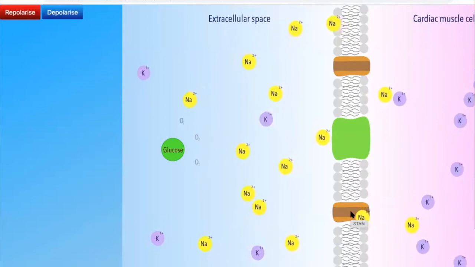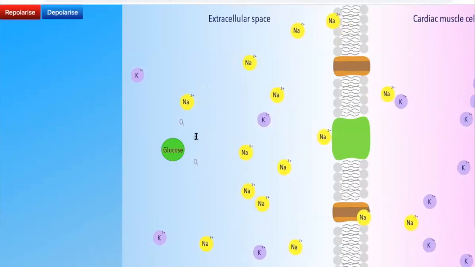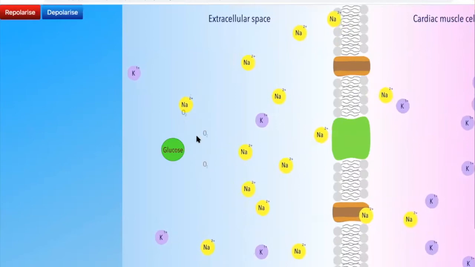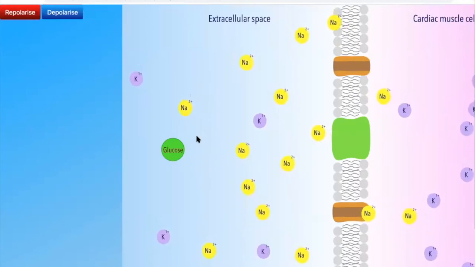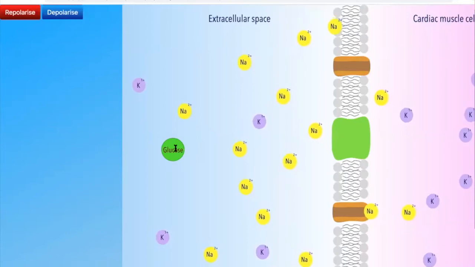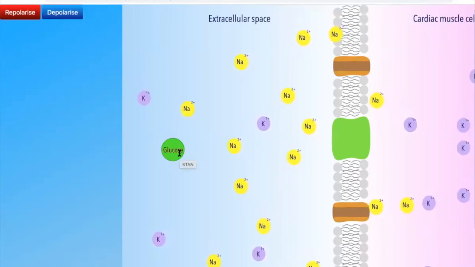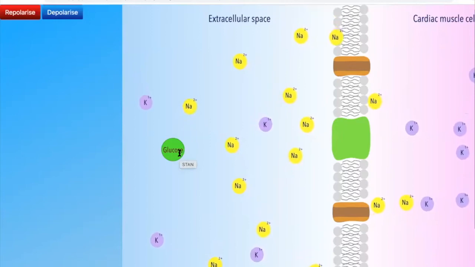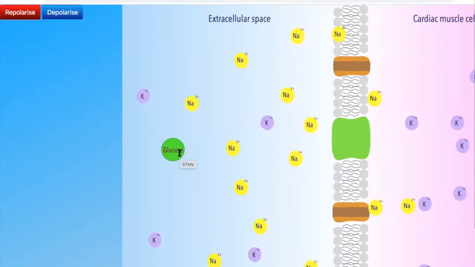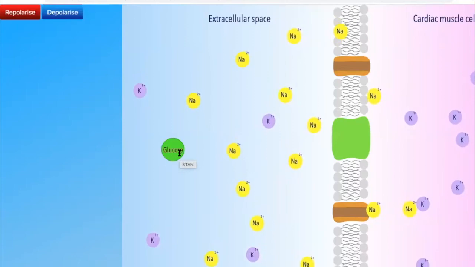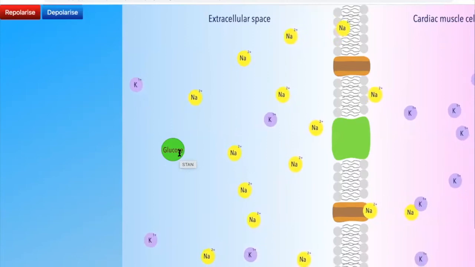Okay, now if oxygen is not there anymore, if oxygen stops and disappears, this metabolization of glucose is not going to produce the same amount of energy that it used to produce. So when oxygen is present, glucose produces 38 ATPs of energy. Yes?